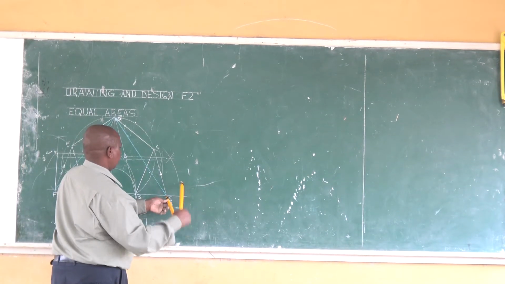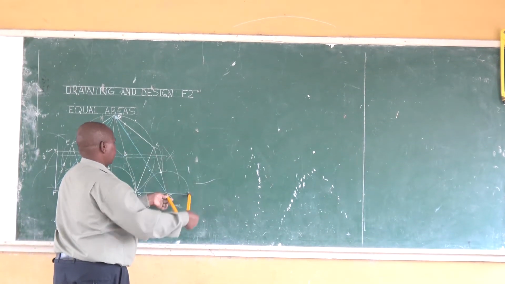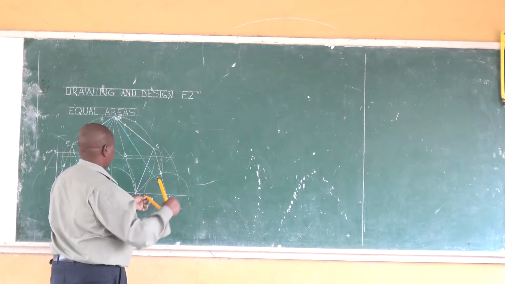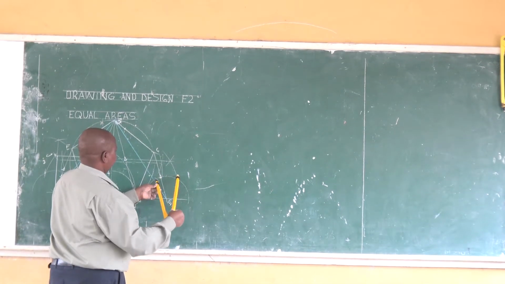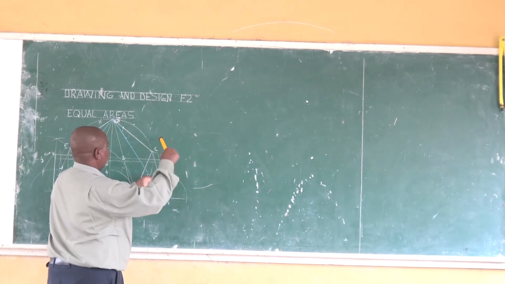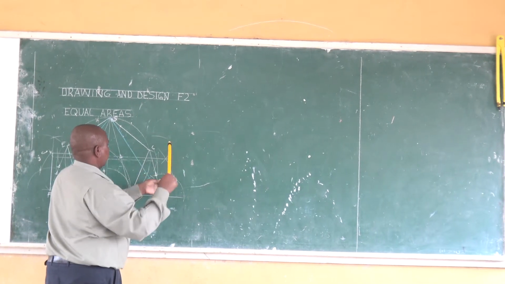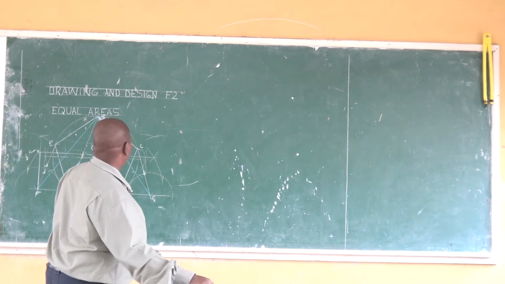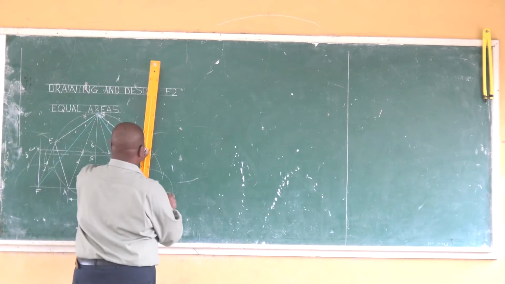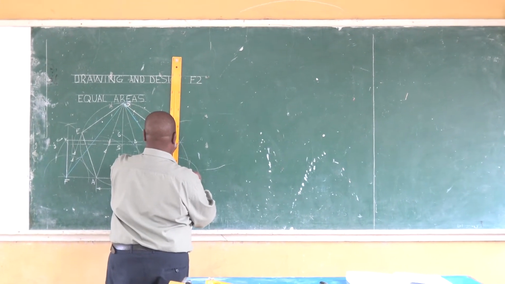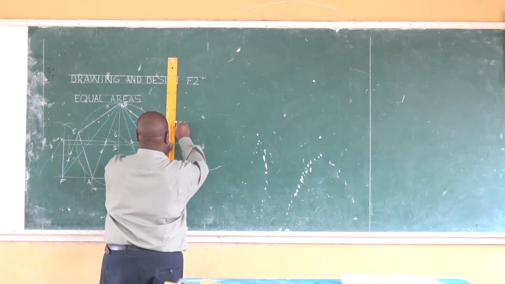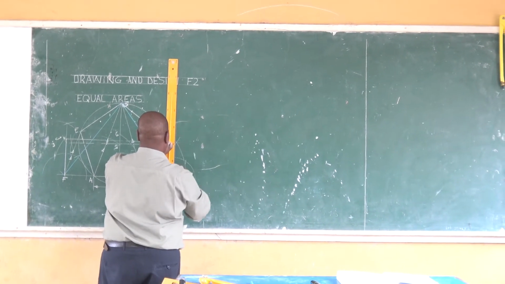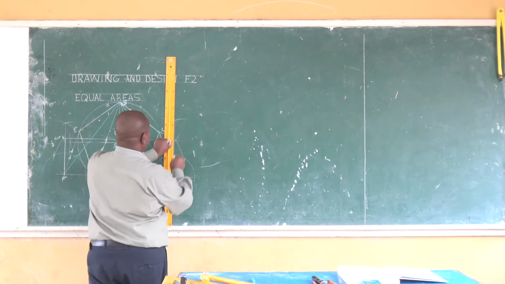Once again, draw an arc and proceed to have 3 steps, then bisect that resultant angle there and join it with this point G so that you have that perpendicular line.